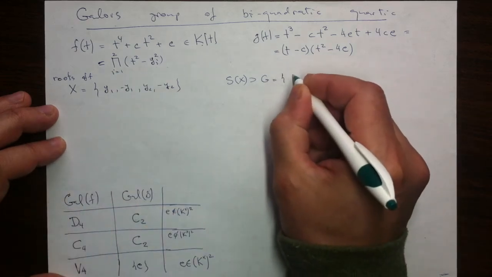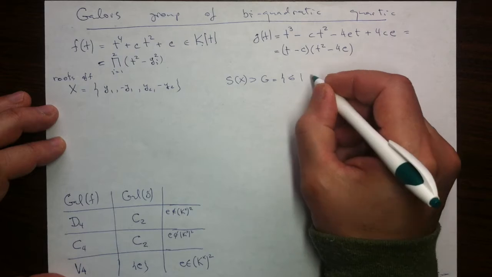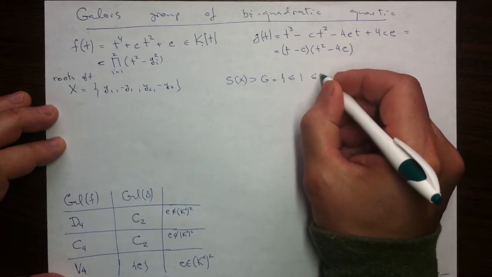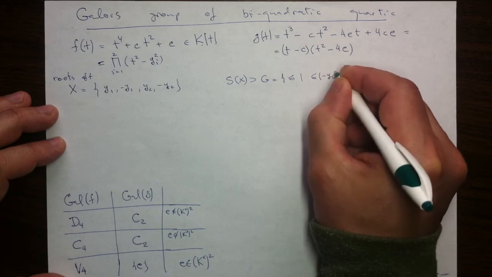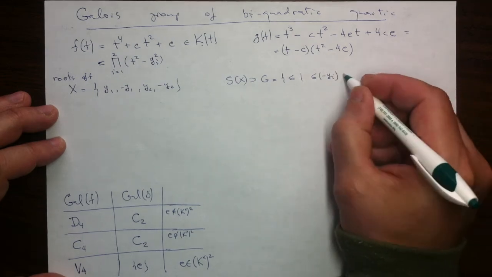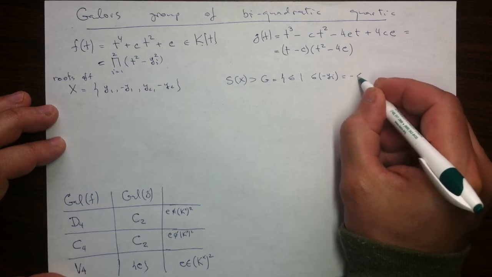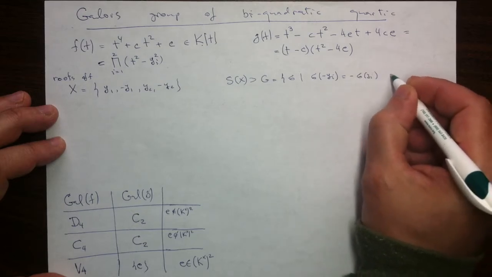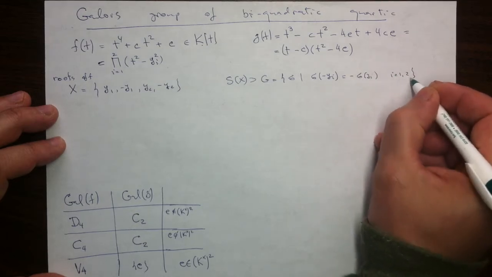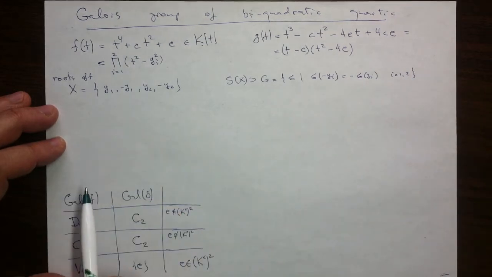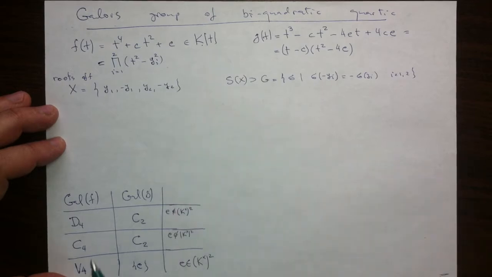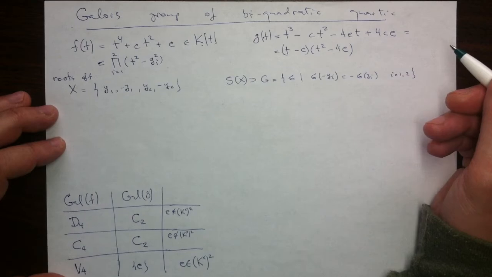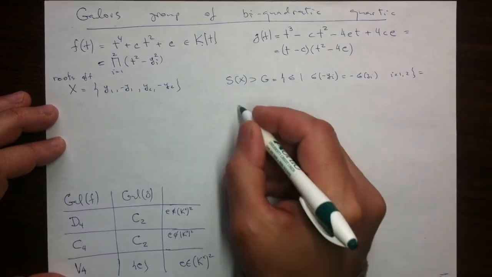So I will be looking at the permutations which have the property that they commute with negation. The value on the negative of the root is the same as the negative of the value on the root. That is inevitable if we look at an automorphism. Negative sign is an element of the ground field, so it is transparent to our symmetries.